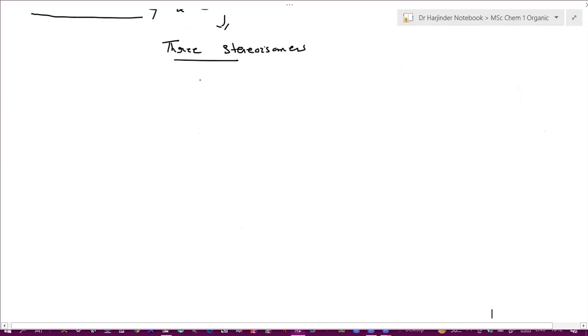Axial-equatorial and equatorial-axial. This one will not be meso. Say you have this one. So here I have methyl, hydrogen, methyl, hydrogen.